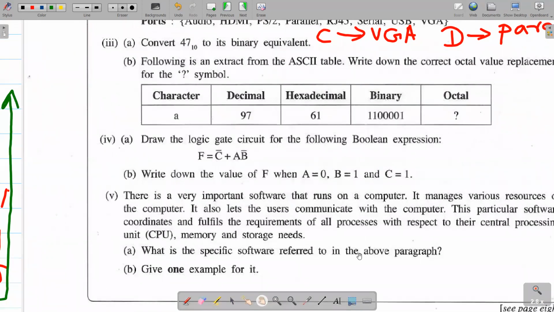Again, they were trying to see whether you have studied the topic and whether you can tackle it correctly. So it's a number system question. They are asking what should be the correct octal value for the question mark.